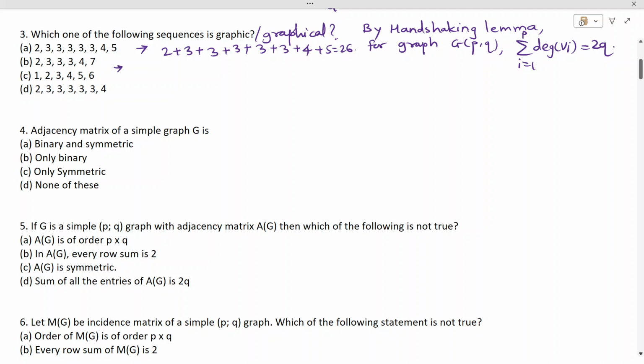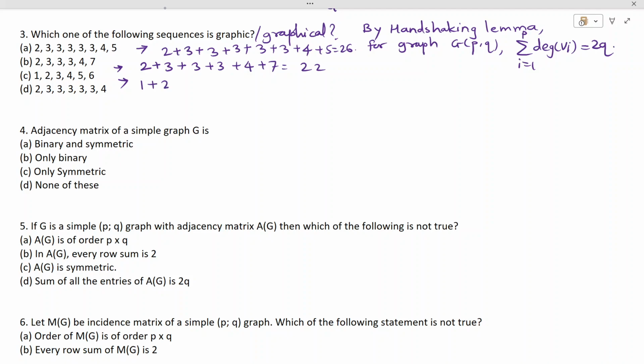There can be a graph with the degree sequence given in option 1. Similarly, for B, the sum is 2 plus 3, 5 plus 3, 8 plus 3, 11 plus 4, 15 plus 7, 22. The sum is even, so there can be a graph with the degree sequence given in option B. Next, 1, 2, 3, 4, 5, 6.